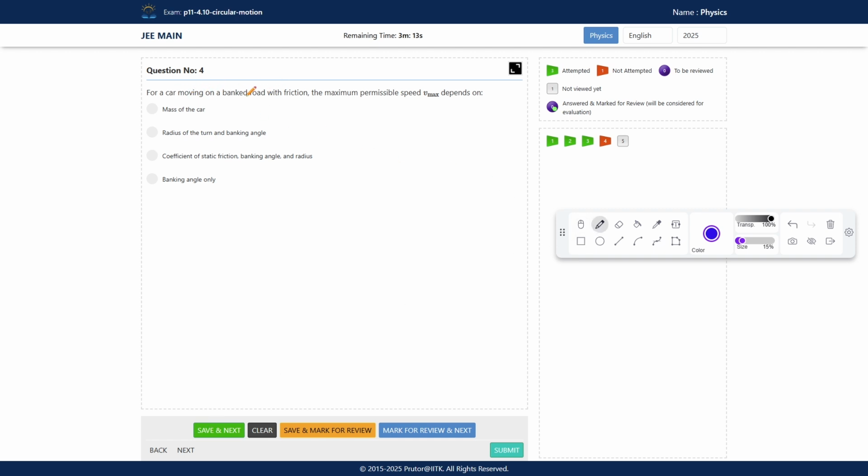For a car moving on a banked road with friction, the maximum permissible speed Vmax depends on what? So here you have to find out the maximum permissible speed Vmax. If we talk about a banked road, in that case the maximum speed is Vmax equal to under root R g, about this we will learn in the next lecture, mu s plus tan theta divided by 1 minus mu s tan theta.